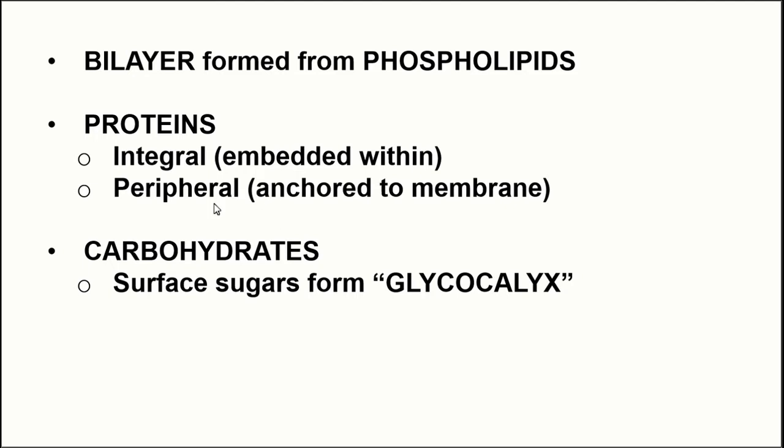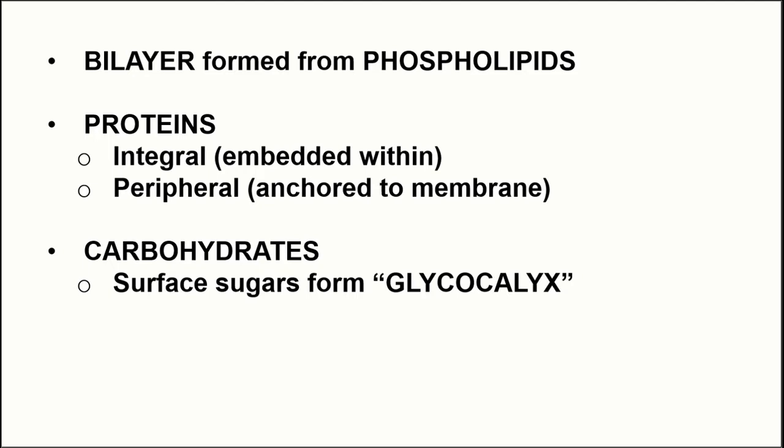Meanwhile, there are also peripheral proteins, which tend to be anchored to one side of the membrane, and these generally function as either enzymes or cell-cell junctions that help bind and connect two adjacent cells to one another.